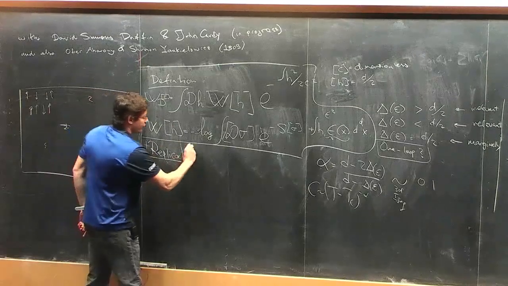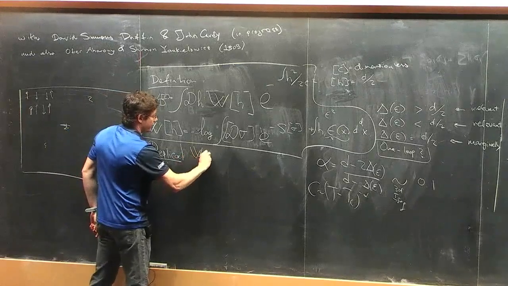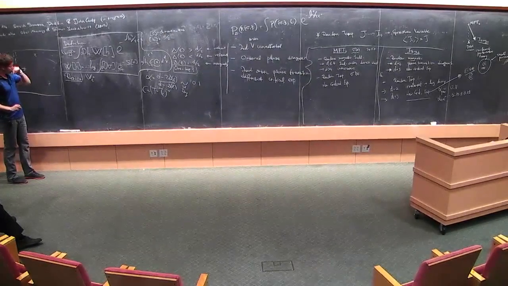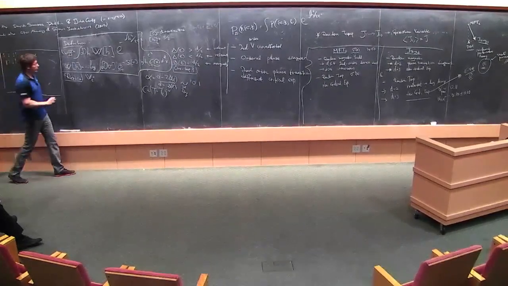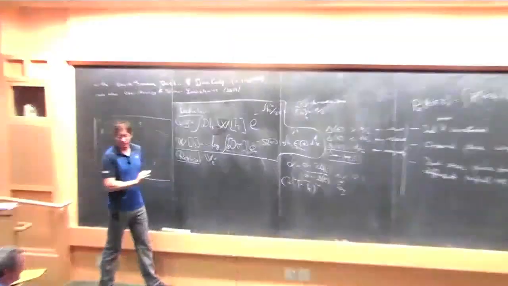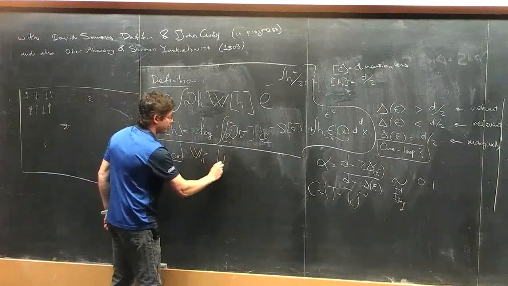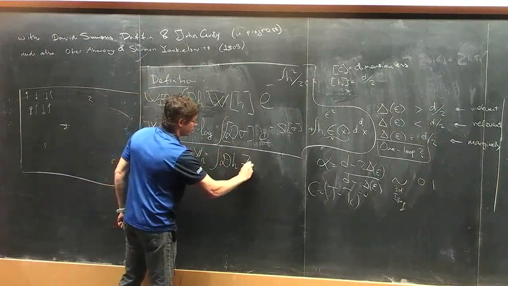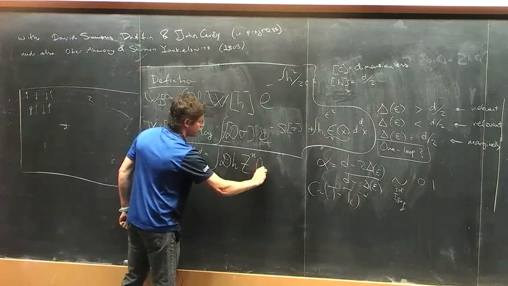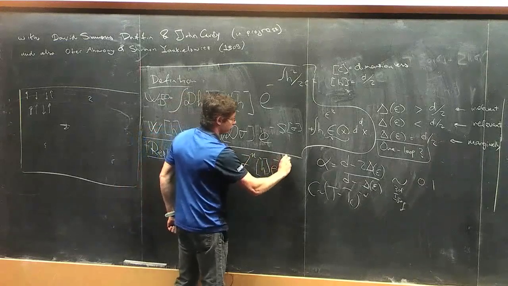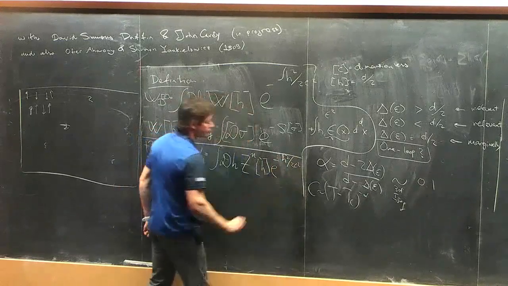The replica, as I said, is not absolutely necessary, but it's something that we do. So we can define something that we call Wn, which is defined as the following path integral: dh z to the power n of h e to the minus h squared over 2c squared.